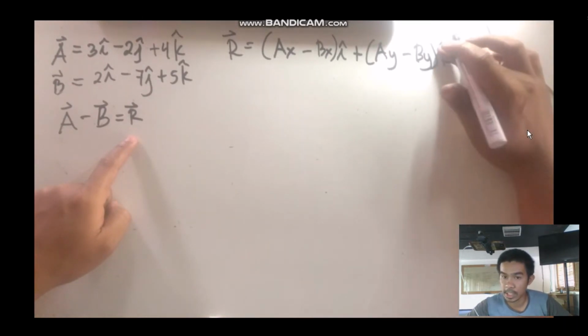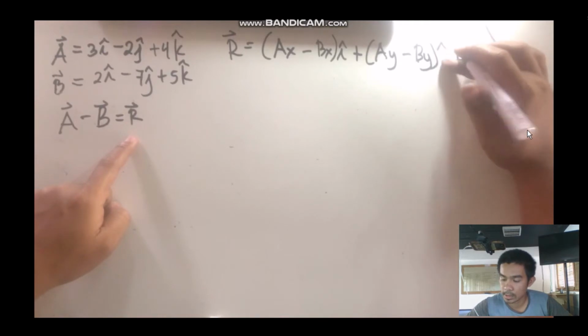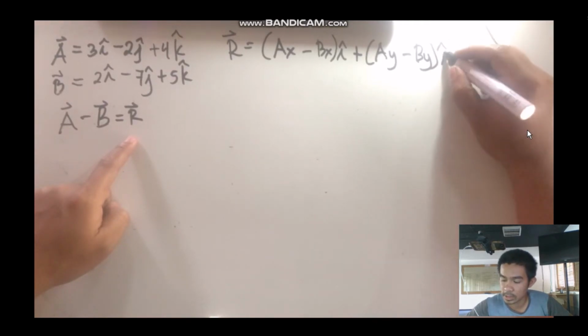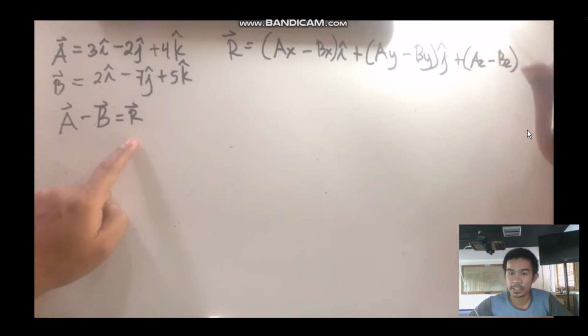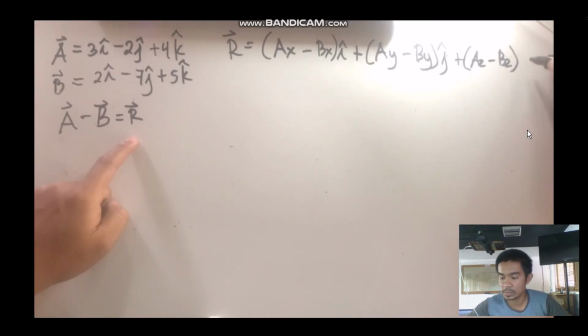I'm sorry, this is j hat, because this is along the y-axis. So for z, that's A of z minus B of z k hat.